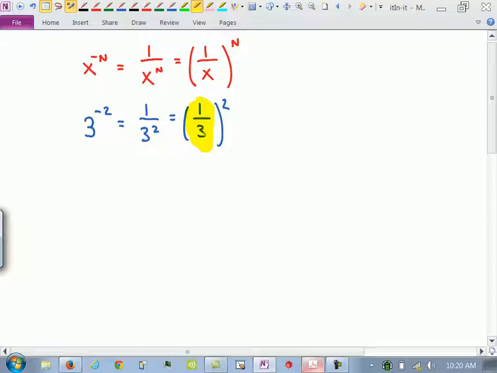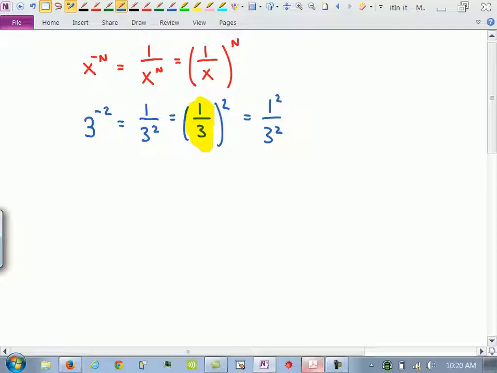In other words, this turns into 1 squared over 3 squared. But what's 1 squared? We just said 1 to any power is 1. So isn't that really just 1 over 3 squared, which is 1 over 9, right? But this is this, isn't it?